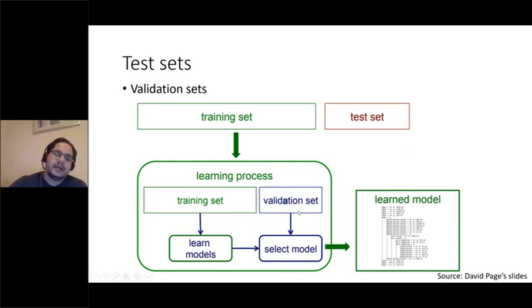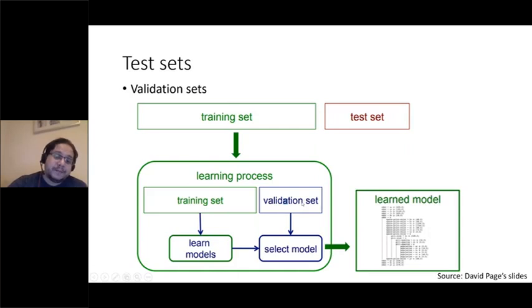Because the validation set was used to do a lot of operations in here, we didn't use it to train the model, but we used it to change parameters like the C, the sigma, whether it is a decision tree or an SVM, what we are using in here.